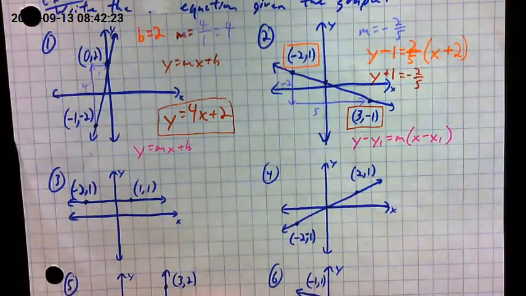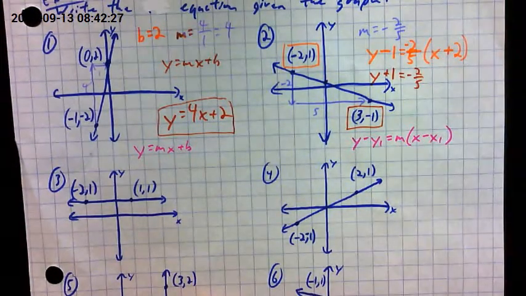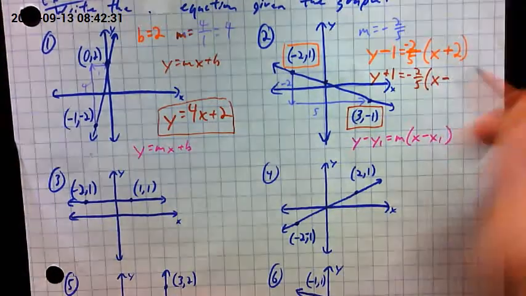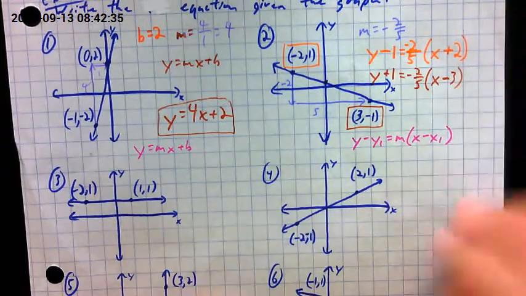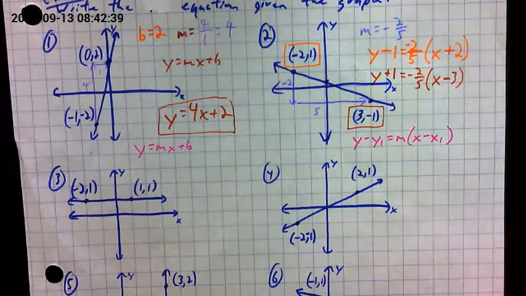Oh, I forgot my negative in the first equation, I just realized. Negative. And then we have x minus, this time we had a +3, so x minus 3. Now, those 2 equations look very different, but they're both correct.